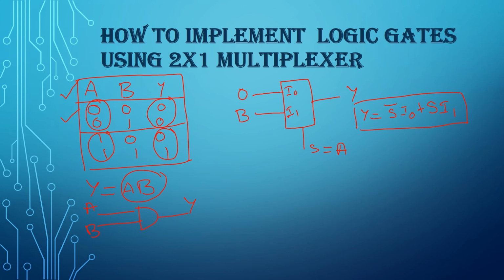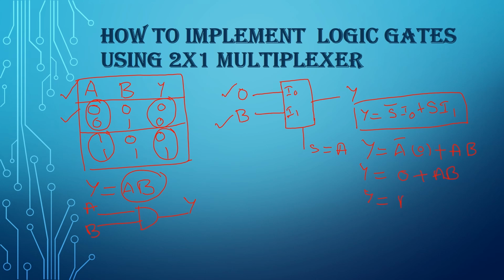Now let's substitute these values and see whether we are going to get the AND gate output or not. So this is the logical expression. S is equal to what is the selection input we assumed here? A. So A bar, what is the I0 value? 0. Selection input A, and what is the I1 value? B. So Y is equal to 0 plus AB.